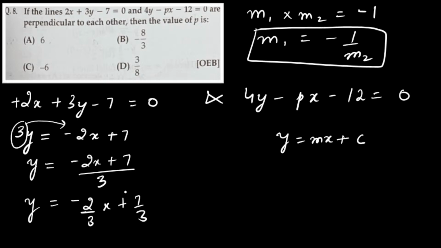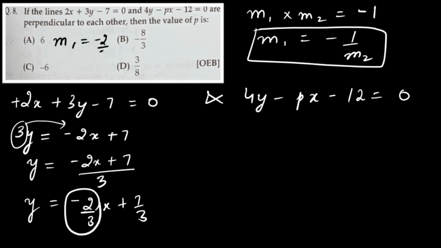So here, what's the slope of this line? If you compare it with this form, y is equal to mx plus c, you can see the slope of the first line is minus 2 by 3. I can just write m1, the slope of the first line: m1 is equal to minus 2 by 3.